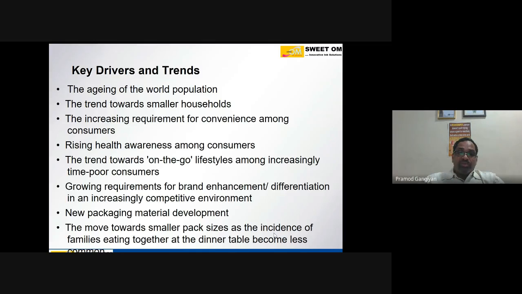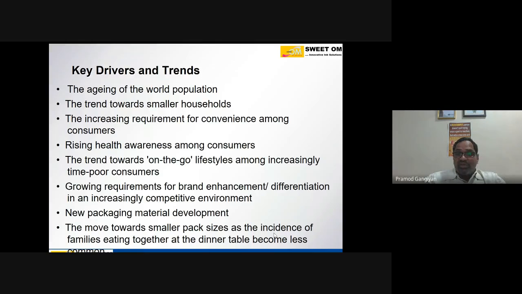Growing requirements for brand enhancement and differentiation in an increasingly competitive environment. This is another aspect. Now everybody is rushing behind brands. Branding can be done by printing or by coatings. Unless coating is there, like we have seen in that picture, if nothing is printed and nothing is coated, branding is not there.